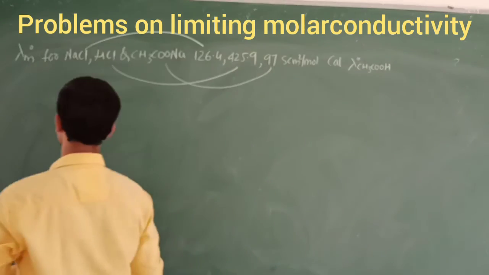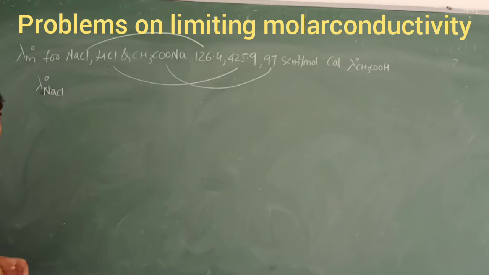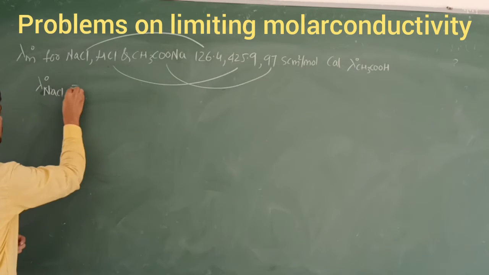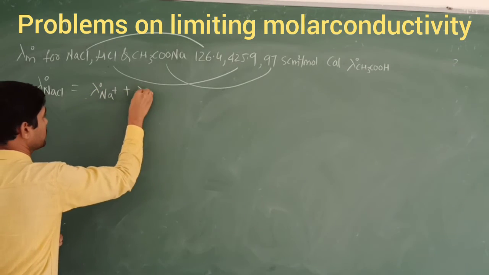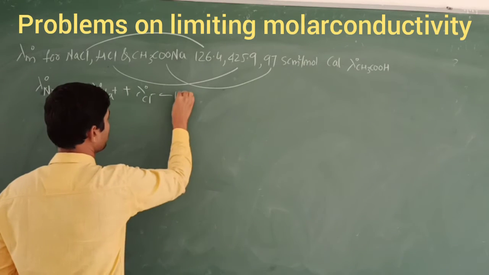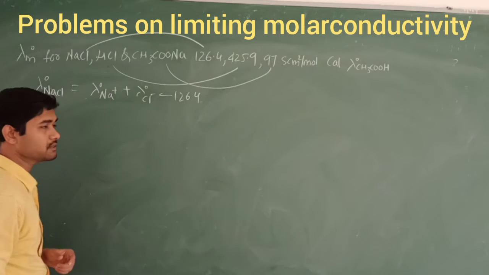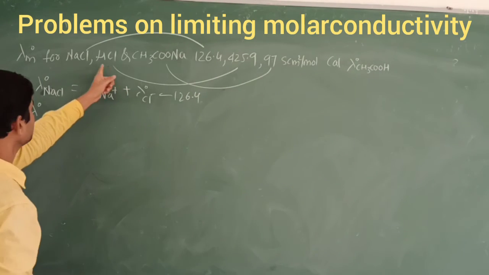First, they have given the limiting molar conductivity for NaCl. How do you write this NaCl? That is the individual ions, right? So the molar conductivity for the cations and anions, like this you write. The value given is 126.4 cm² per mole. What about the second one, HCl?